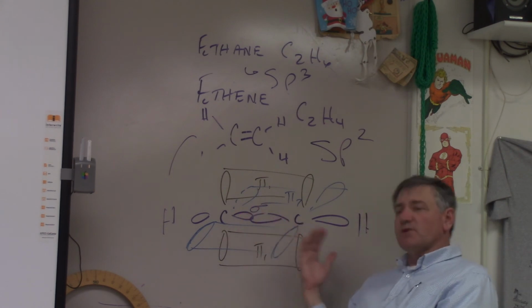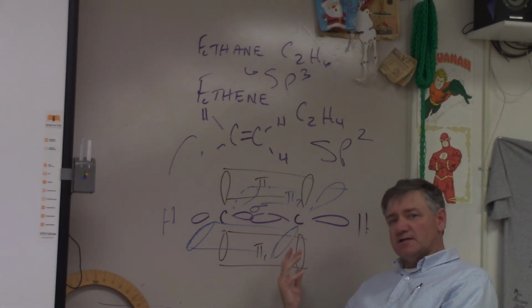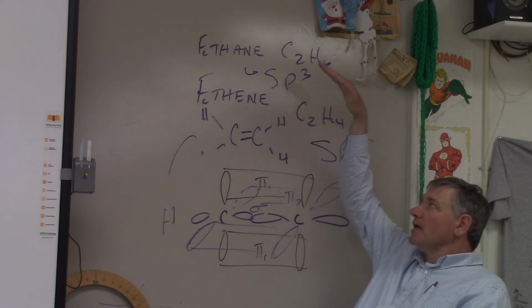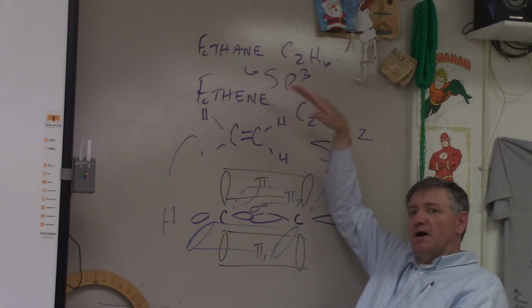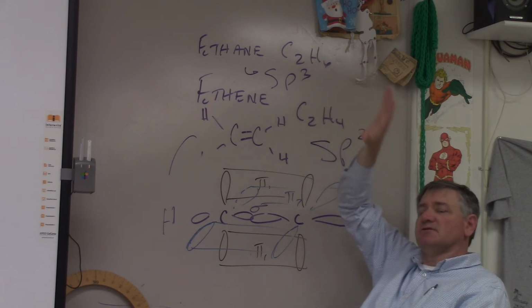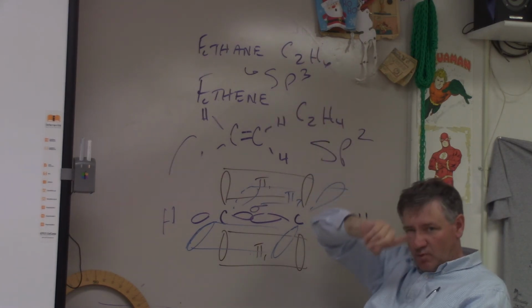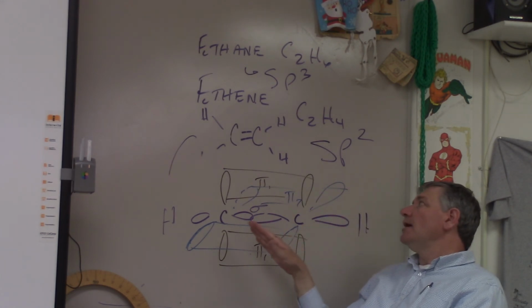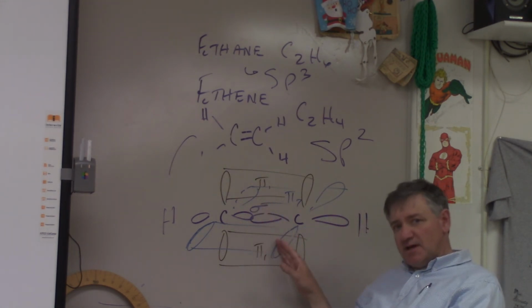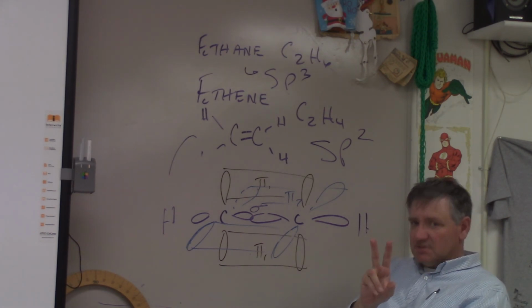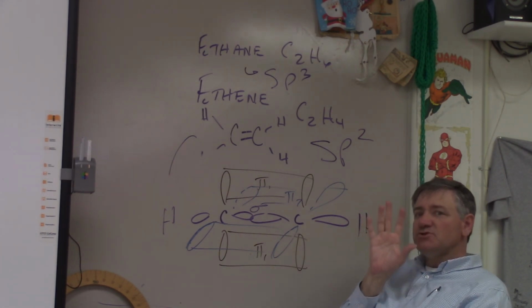So this is going to require two non-hybridized p orbitals. Ethane, all single bonds, sp3 hybridization, all the orbitals are hybridized. sp2, you leave one non-hybridized p orbital. Ethyne, where you have sp hybridization, you have two non-hybridized p orbitals. That's what you've got to think through.